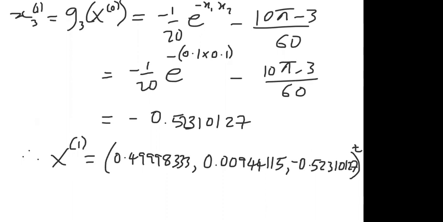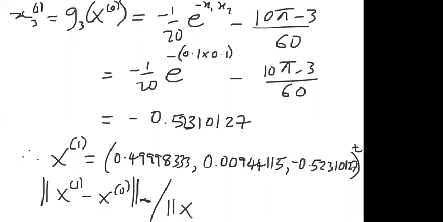Now, in order to know whether this is where I need to stop, I need to use the stopping criterion that I've been given. So I need to find the L infinity norm of x1 minus x0, then this divided by the L infinity norm of x1.